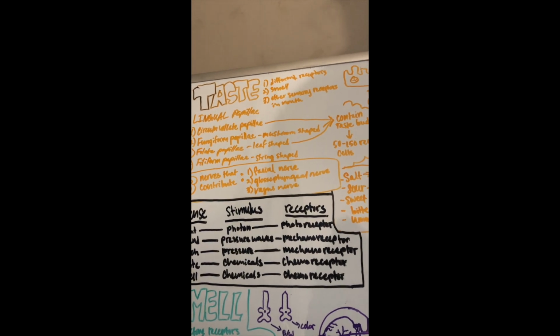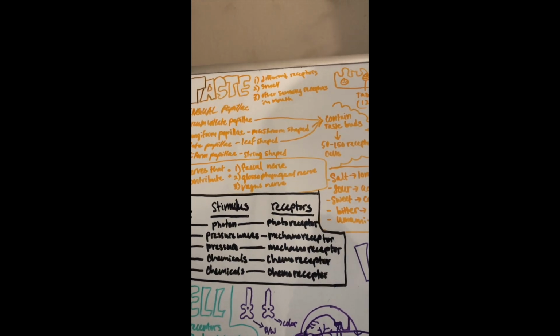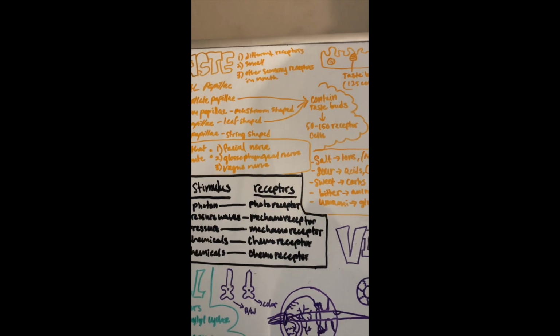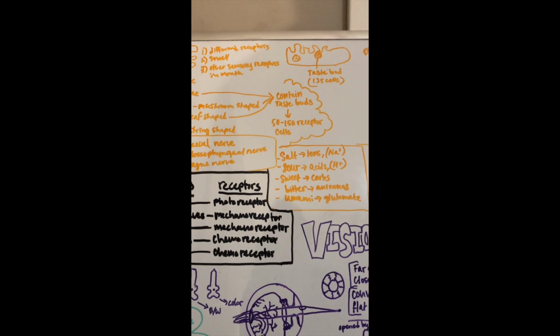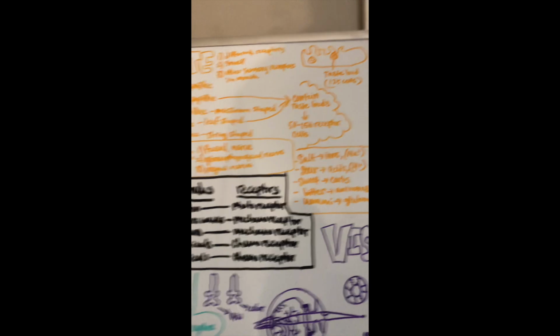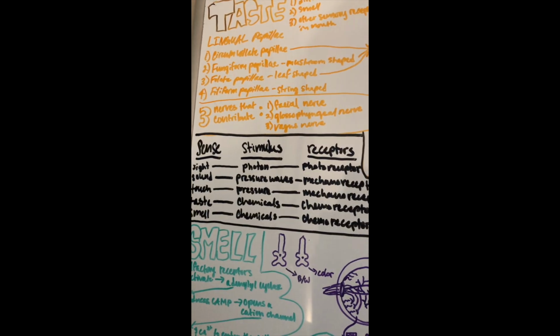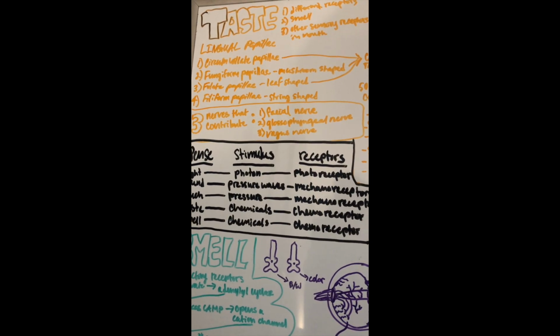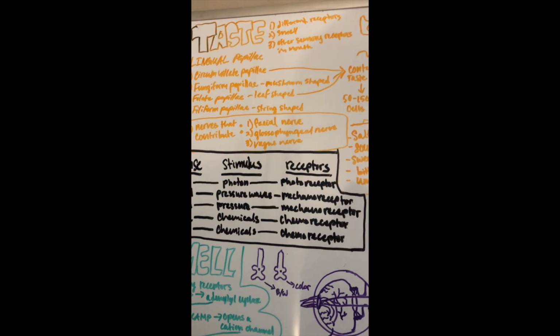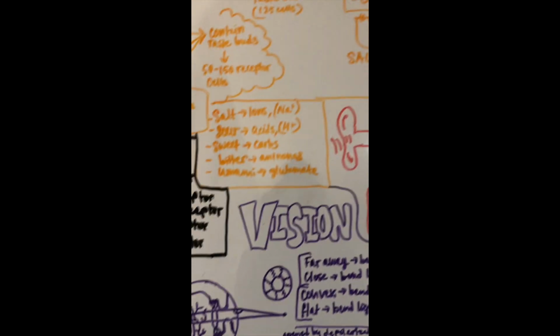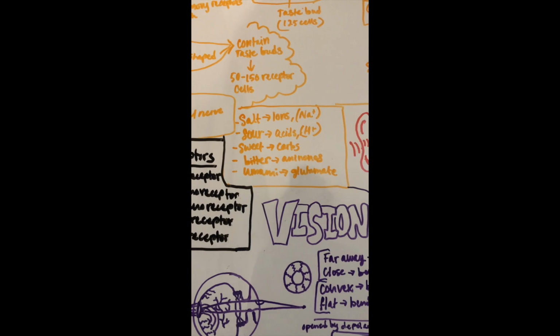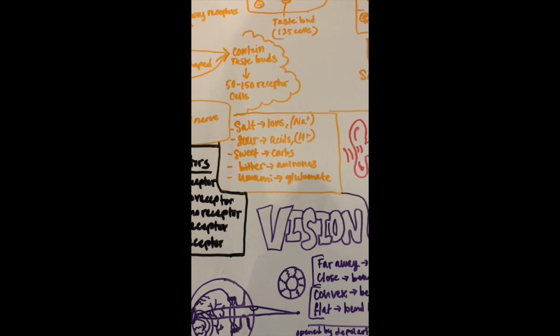These top 3 contain taste buds, and there are about 50 to 150 receptor cells in each of these taste buds. The 3 nerves that contribute to this are the facial nerve, the glossopharyngeal nerve, and the vagus nerve. The different tastes that we can taste are salt, sour, sweet, bitter, and umami.